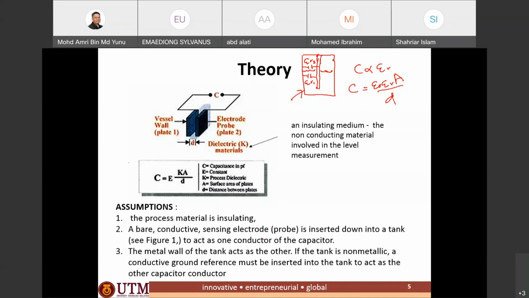In a typical application, the tank or vessel is usually metallic, but in some cases, as we will look into later, we can make it a concentric electrode to measure the capacitance.